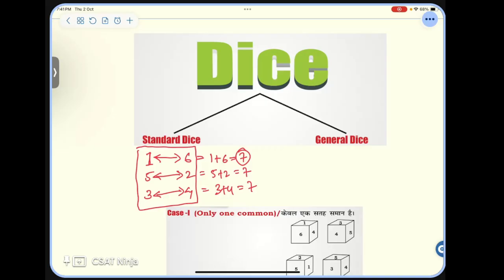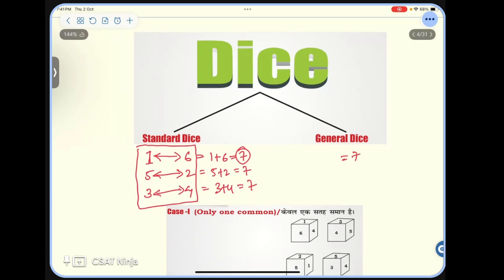In general dice, if the adjacent sides, that means the sides next to each other, sum to 7, let's take an example. My diagram is not that good, but let's say I have a dice here. I have 1 here, 6 here, and 3 here. The two adjacent sides are next to each other, and 1 plus 6 gives me 7.